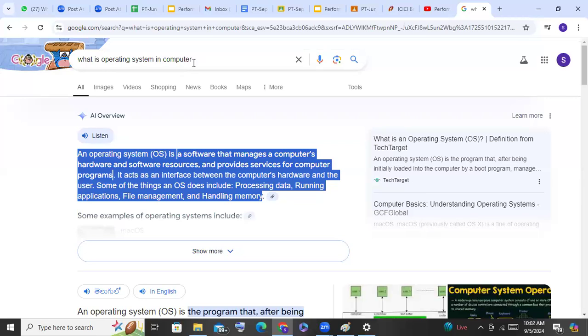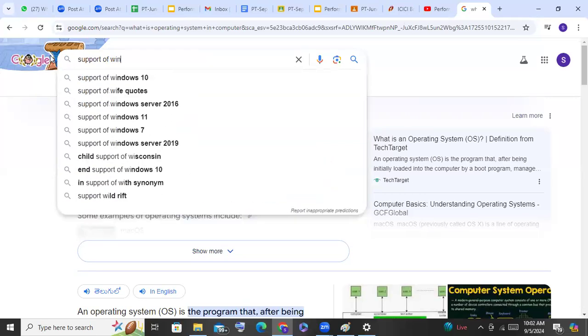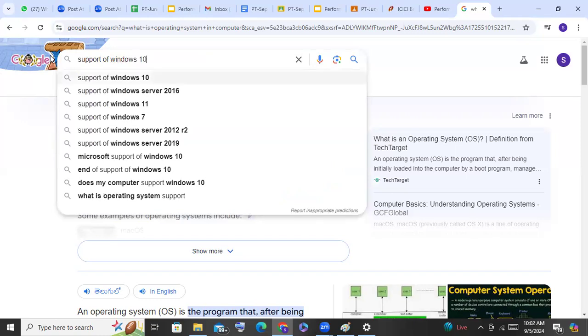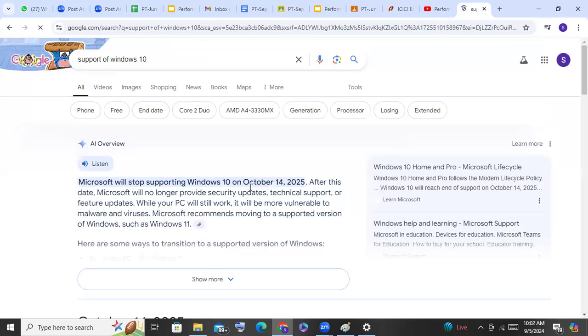Let's just check it. Support of Windows 10. So when would it end? It would end on October 14, 2025. What do you mean by support?